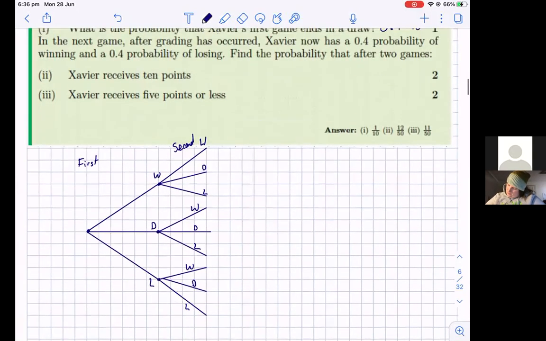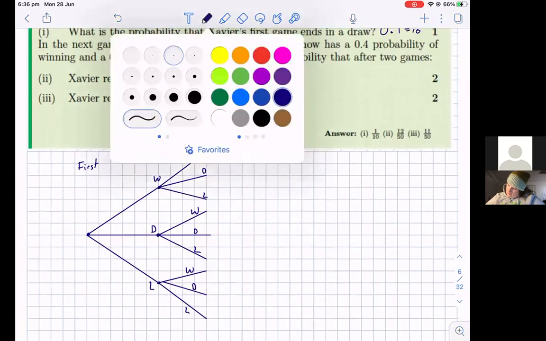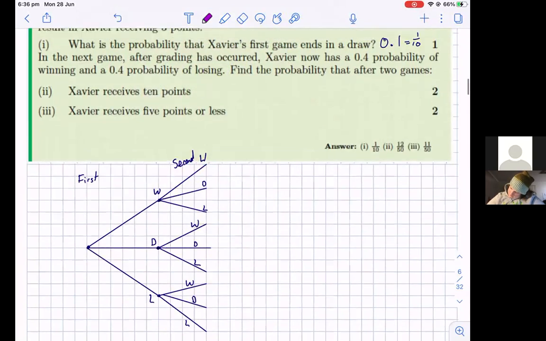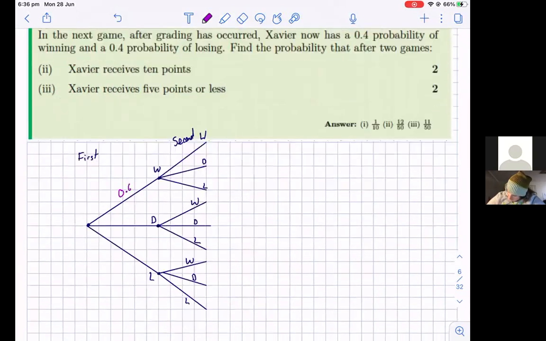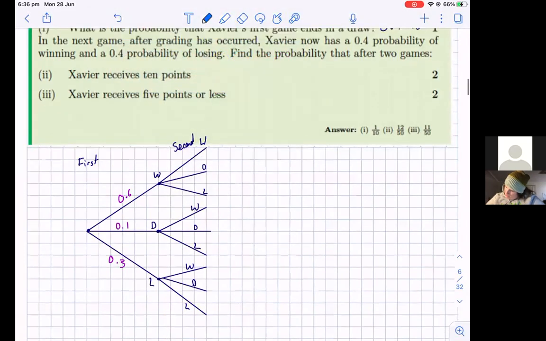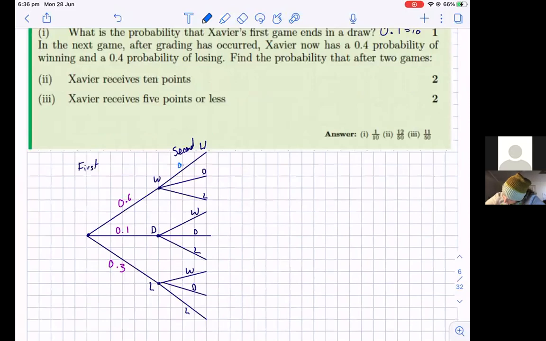Now the probabilities for each one. For the first game: 0.6 of winning, 0.1 of drawing, and 0.3 of losing. But for the second, it's now 0.4 of winning, must be 0.2 of drawing, and 0.4 of losing.